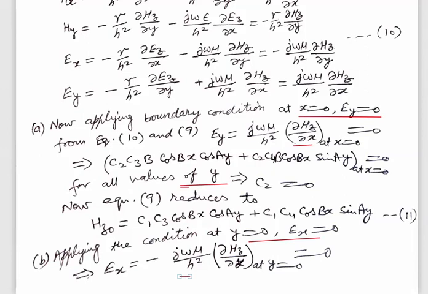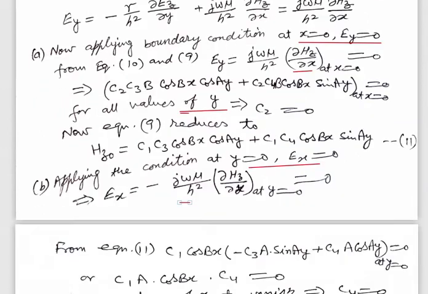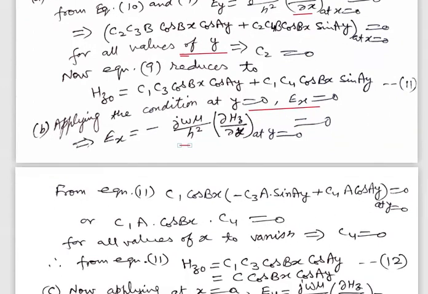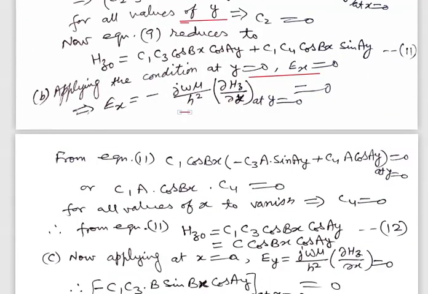Now at y equal to 0, when we apply this boundary condition in equation number 11, this gives us this equation: C1 cos bx into minus C3 a sin ay plus C4 a cos ay at y equal to 0. So when we put coordinate y equal to 0, this sin ay term vanishes, while this cos ay term becomes unity, and we get C1 a cos bx into C4. This is to be 0.